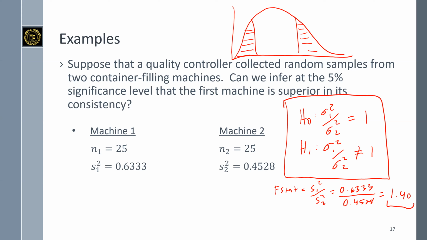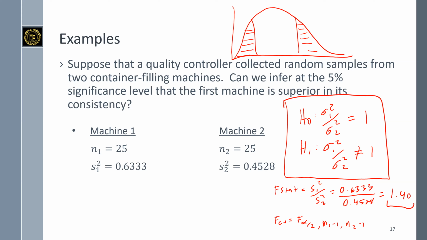The next step is we need our F critical value. F critical value is F of alpha divided by 2. The reason why it's alpha divided by 2 is because it's a two-tailed test, comma, n1 minus 1, n2 minus 1.